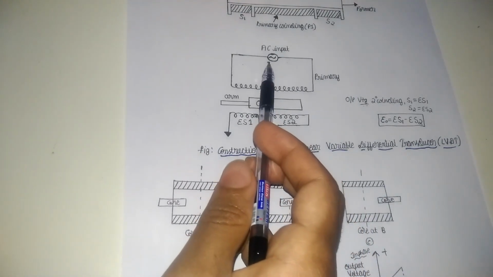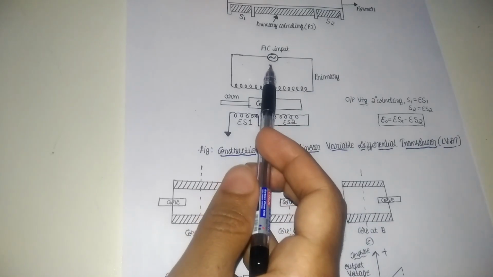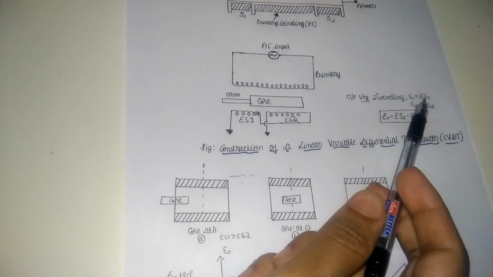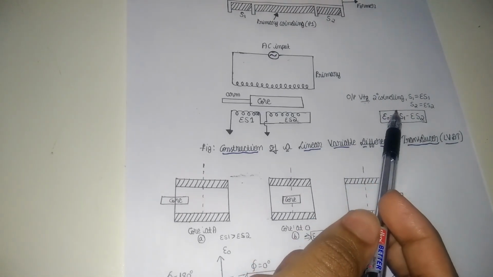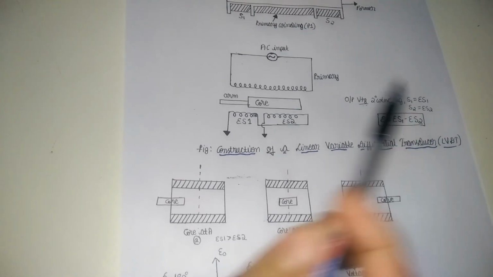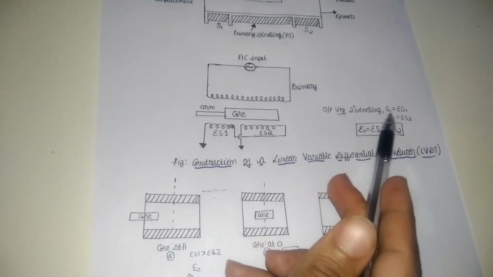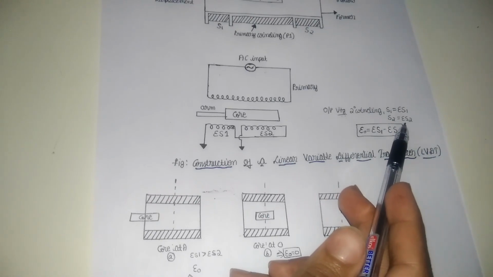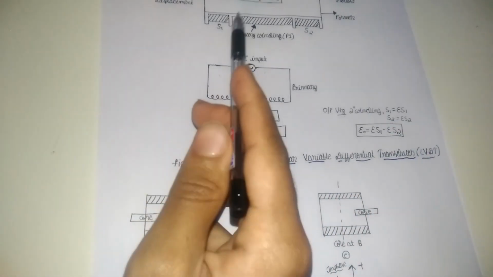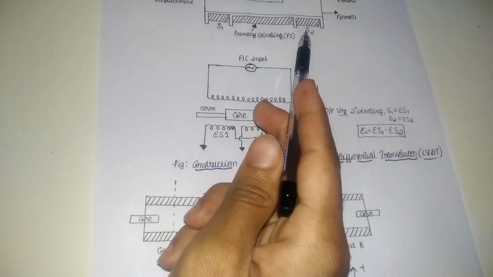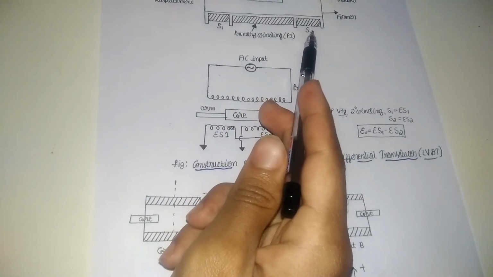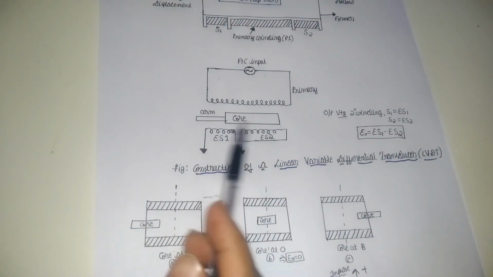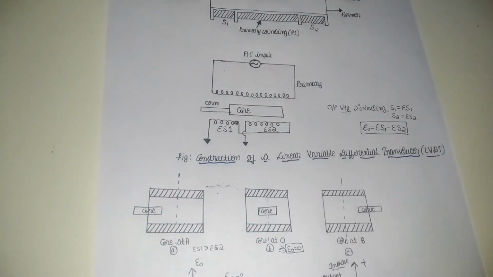The output voltage of S1 is known as ES1 and the output voltage of S2 is known as ES2, and these S1 and S2 are connected in series opposition, as shown in the figure.